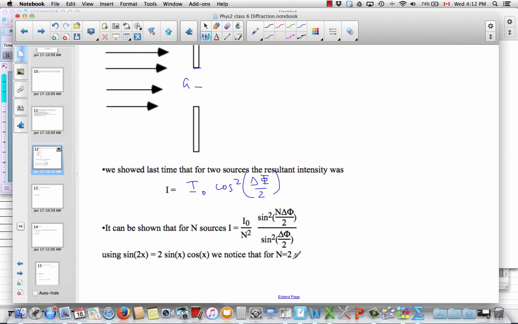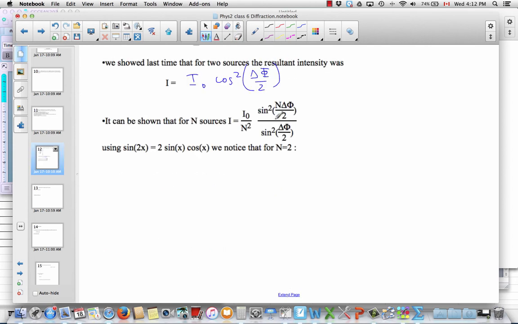Note that for n equals 2, we expect to get back to our cos squared relationship. Let's just show that that actually works. If we put in n equals 2 here in the numerator, then the 2's just cancel. First of all, we get a factor of 4 here.